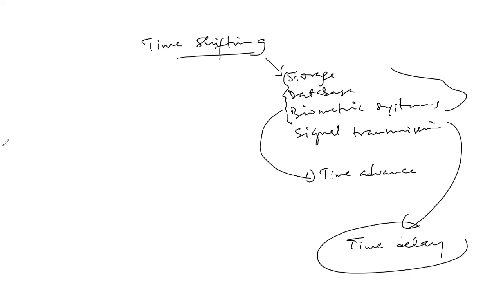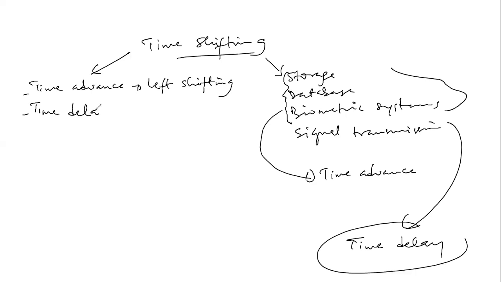Okay. So now we now have two parts to this. Time advance, which we also refer to as left shifting. Then we also have time delay, which we refer to as right shifting.